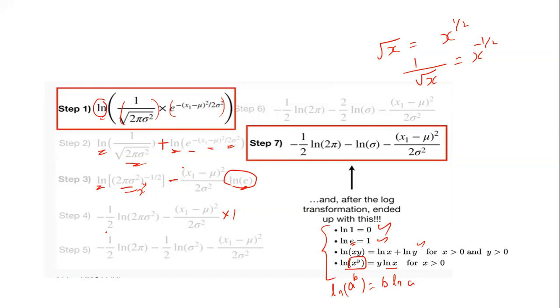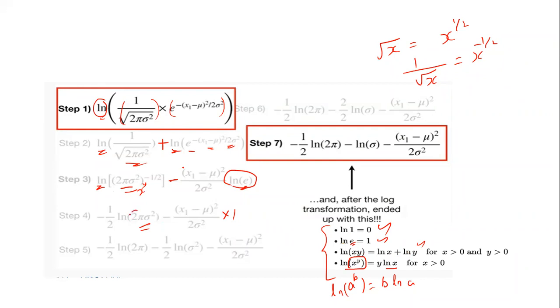So this can be written like this: minus 1 by 2 log of 2 pi, right, minus 1 by 2 log of sigma square. Again it is because of this equation, log of xy is nothing but log of x plus log of y.